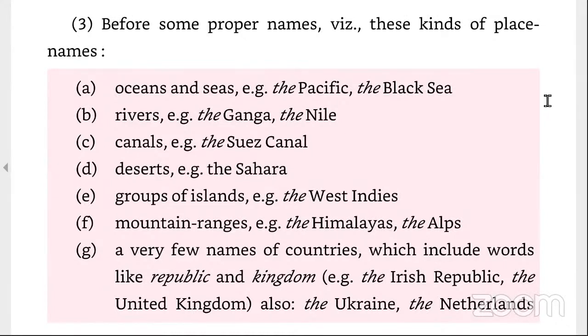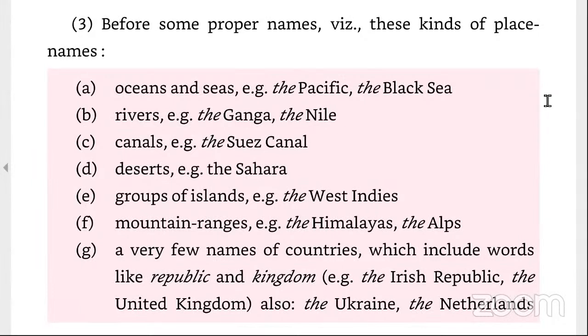Before proper names, these kinds of place names, we use the. Before the names of oceans and seas: the Pacific, the Black Sea, the Bay of Bengal, and the Arabian Sea. Before the names of rivers: the Ganga, the Nile. Before the names of canals: the Suez.